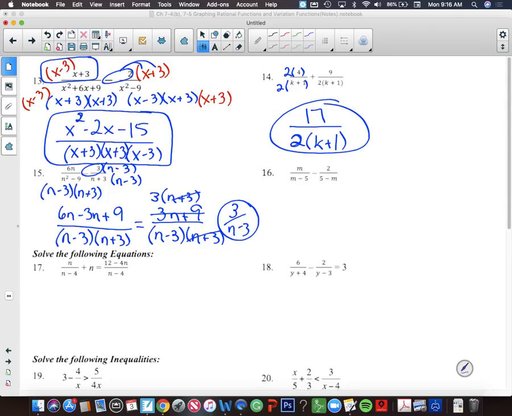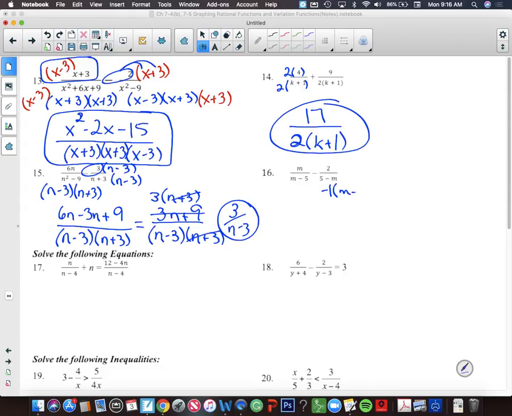Okay, and then on the second one over here, 16, I see this little one that's a little bit different than this one. So remember that rule that we had to get those to be the same. They are pretty much the same, but it just looks like they're flipped around. I always want to make my variables positive if I can. So on that one, I'm going to take out a negative 1.